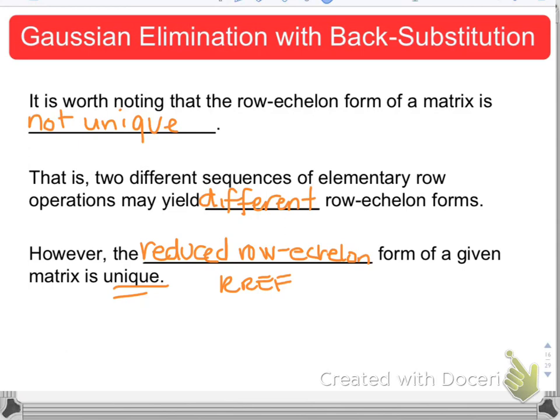So it's worth getting it all the way down to reduced row echelon form, although I might ask you just to do row echelon form sometimes, because it's unique. And then you can easily check your answers when you're working on these together.